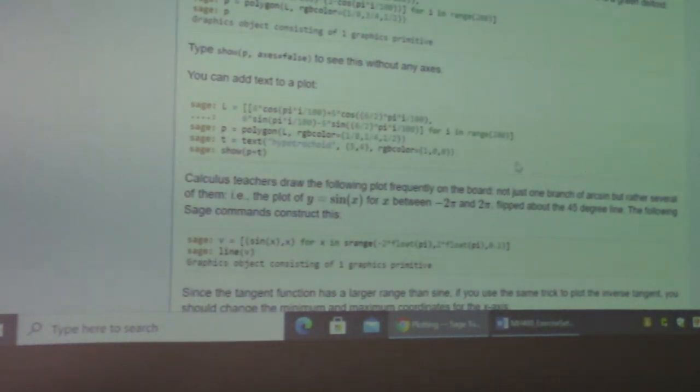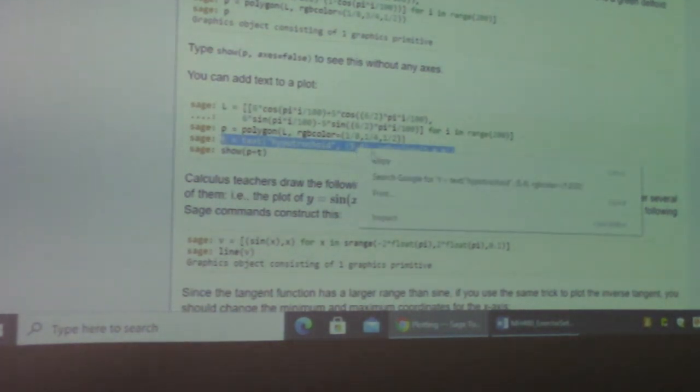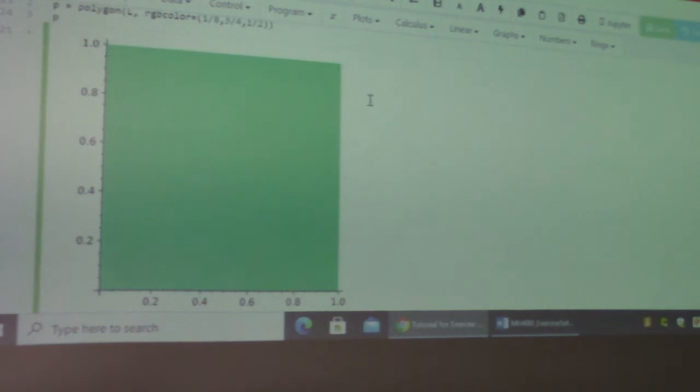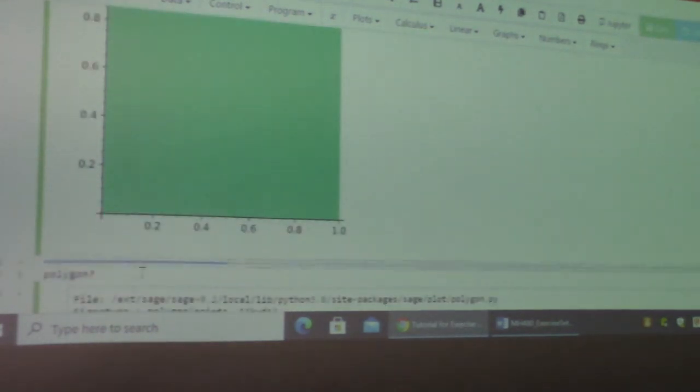Ooh, here's how we can put text inside a plot. There's this, you see that show command? We're gonna need to understand that. Show. So piece polygon.